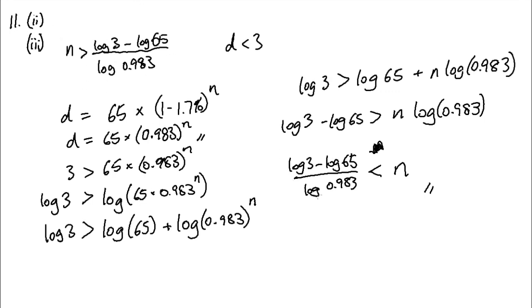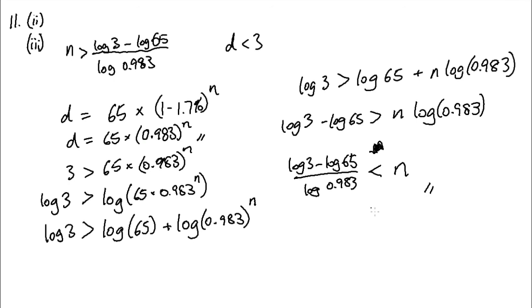And we now need to find the least value of n at which this is true. So let's use equality instead. Actually, you just type in all the values in your calculator, you don't change the inequality sign.